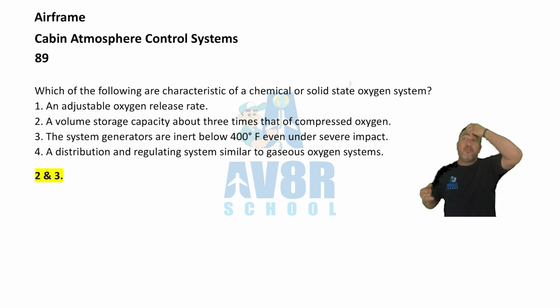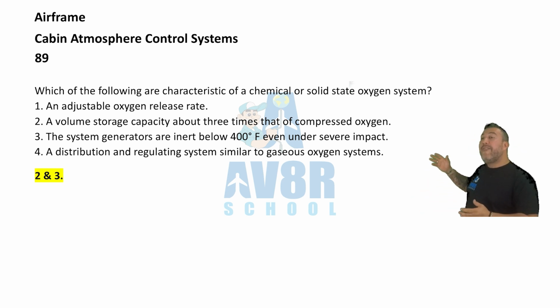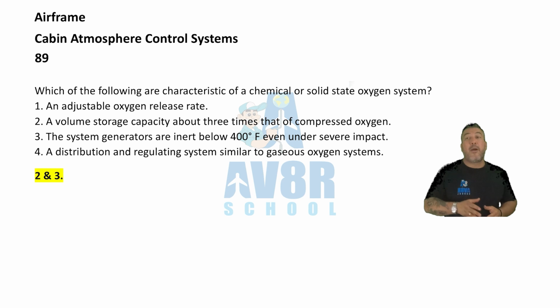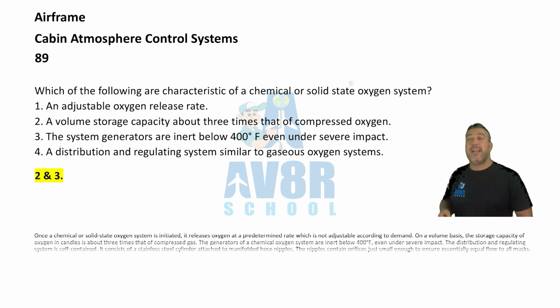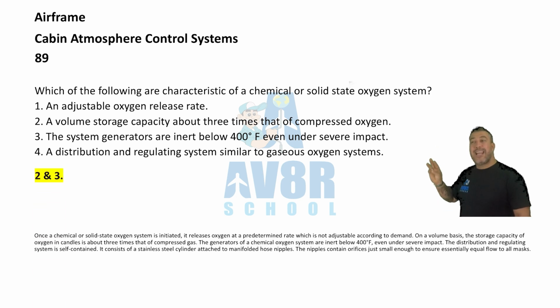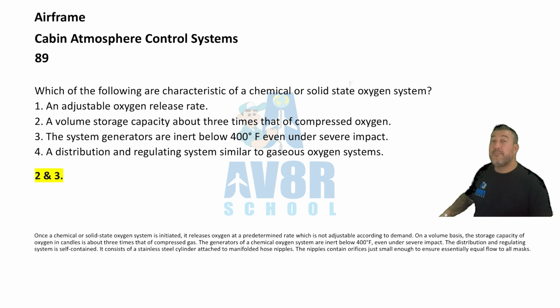A volume storage capacity of about 3 times that of compressed oxygen, and the system generators are inert below 400 degrees Fahrenheit, even under severe impact. So it's the second and third one. If you see which of the following characteristics of a solid state oxygen system, just think 2 and 3.